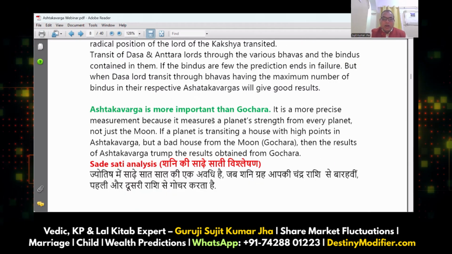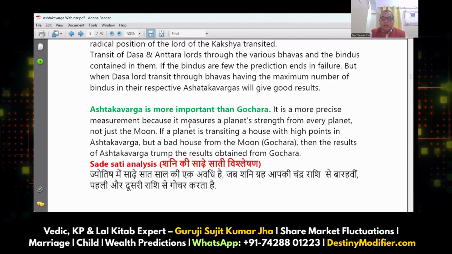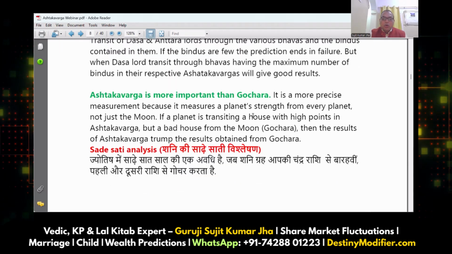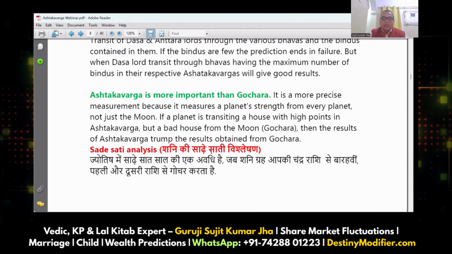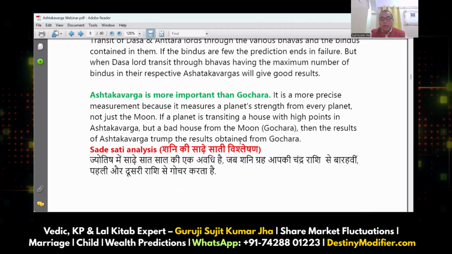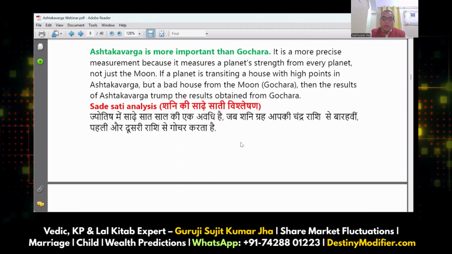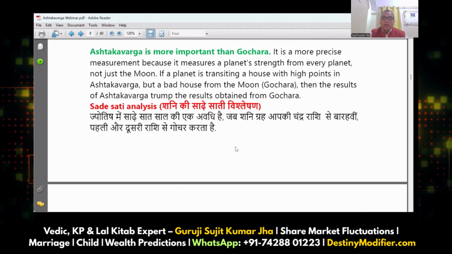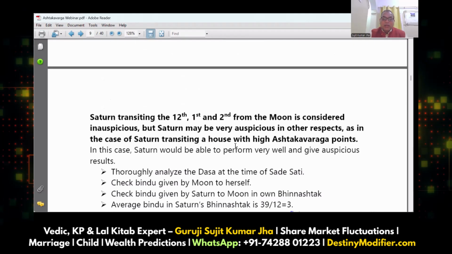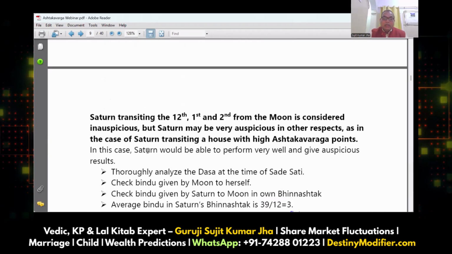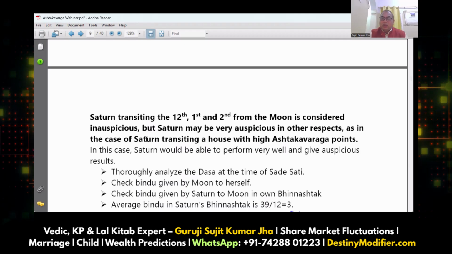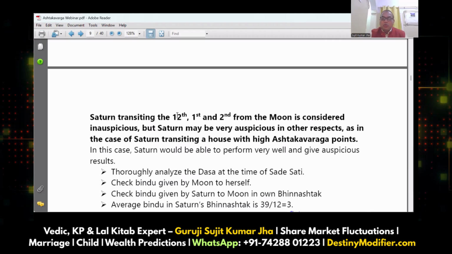So see, Ashtakavarga is more important than Gochar. Why is it more important? Because we all know that during Sade Sati, people are getting troubles, but not all people. Why? What is the reason? The reason is Ashtakavarga only. Because when we are considering Sade Sati, it starts when Saturn transits the 12th house from the Moon.